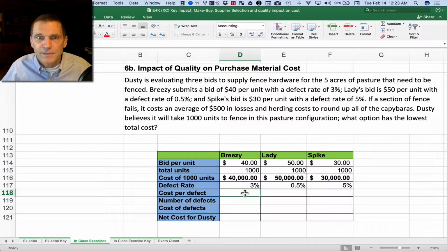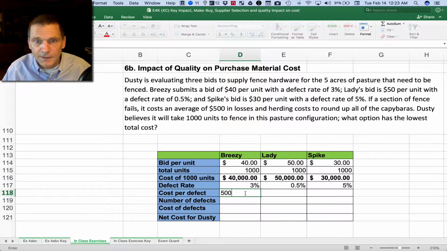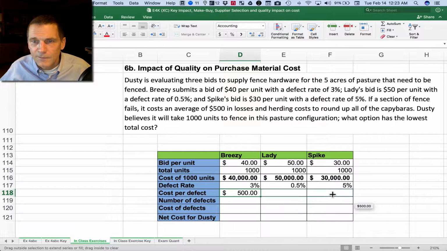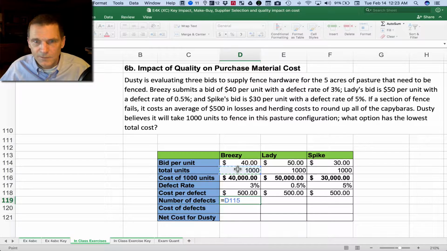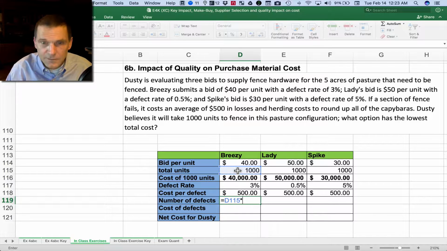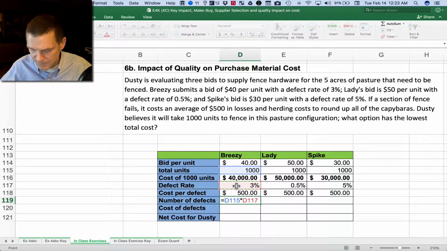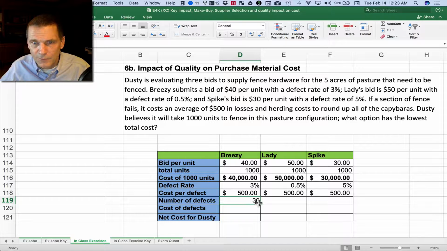The cost per defect is $500 regardless of who provided it. And the number of defects is going to be the total fence units times the defect rate, right? So equals the 1,000 units times the defect rate. Then we can drag that across.